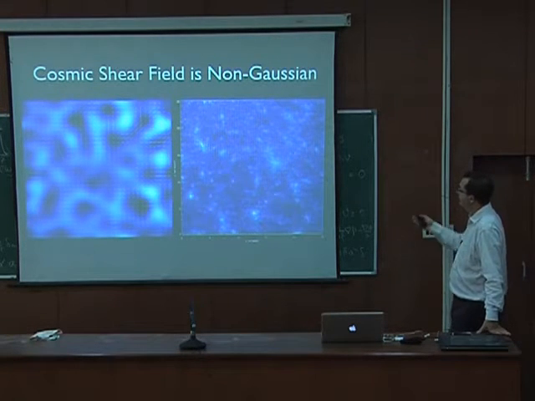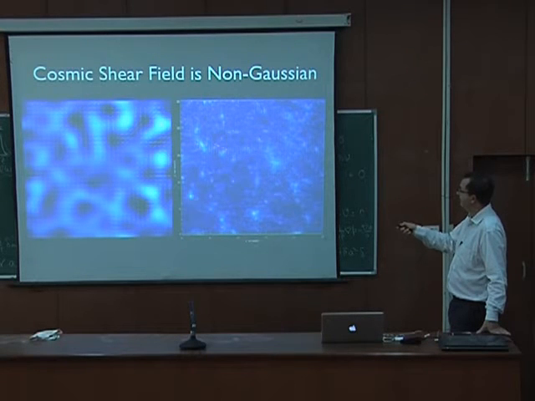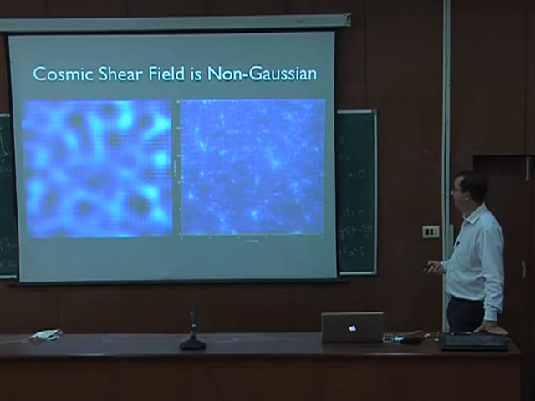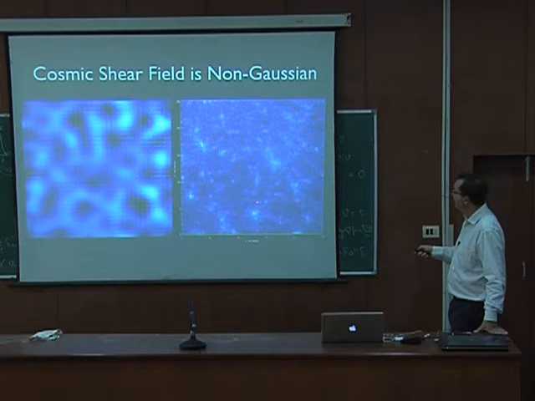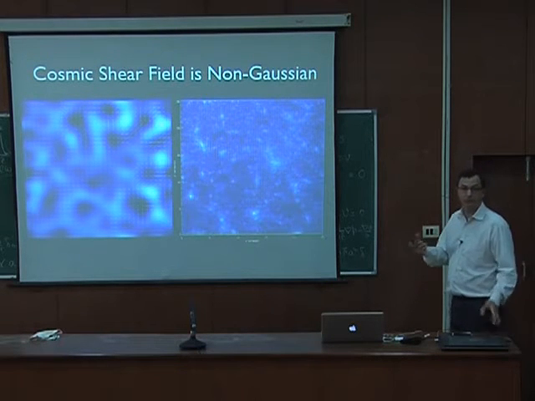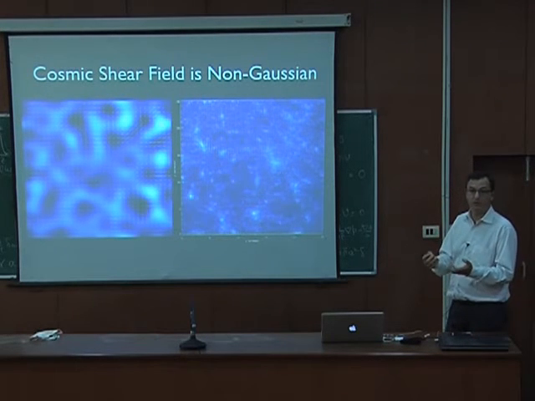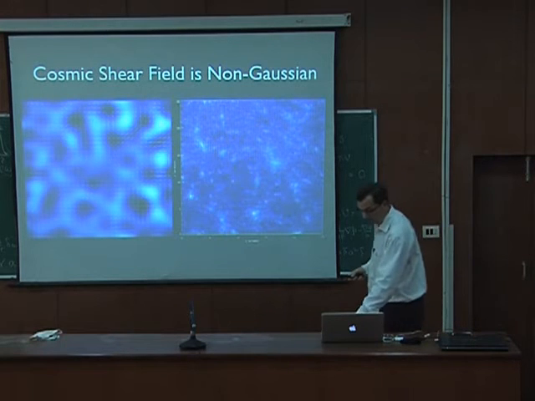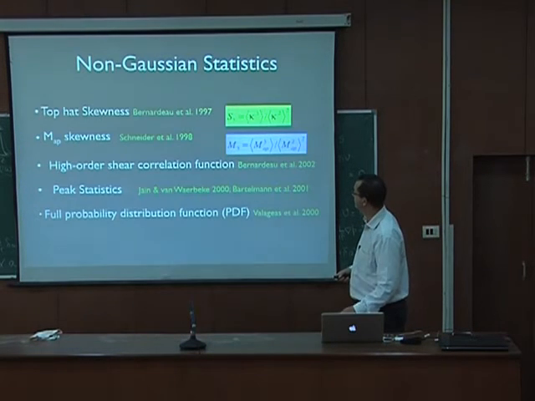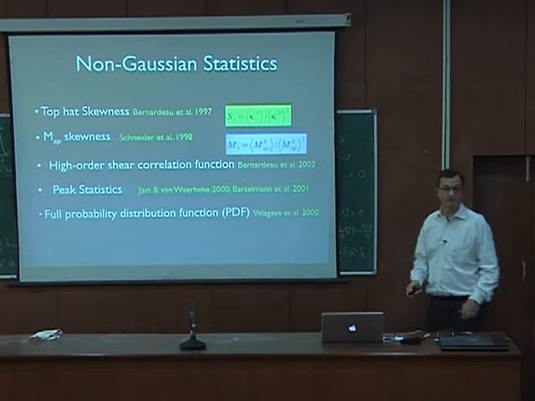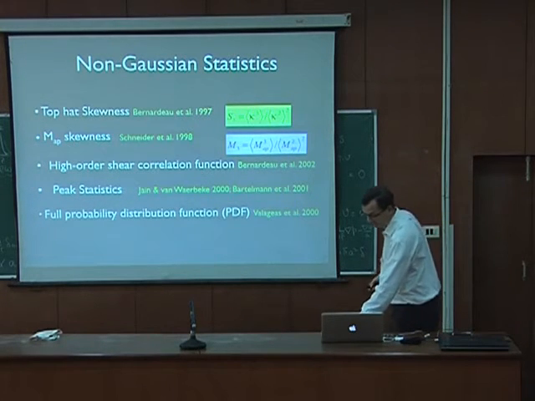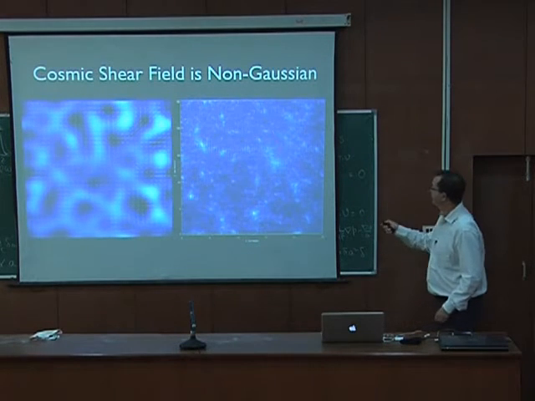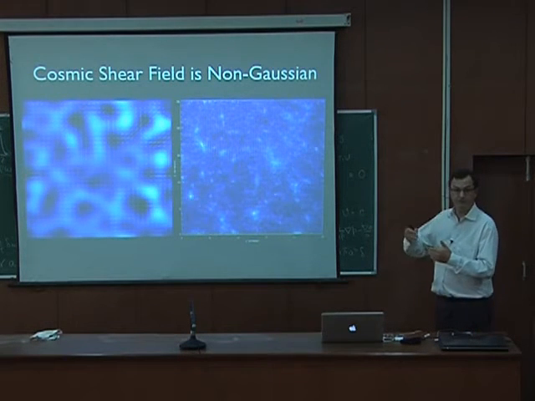So one thing you can do is detect the peaks, and you can count them, you can measure their amplitude, their shape, their correlations, and so on, and hope to capture a lot of the non-Gaussian information which is coming from the clumpiness. It turns out to be a very powerful statistic, the peak statistics. So a lot of people are pursuing this as well. And what's even more fun is that you can also do it for galaxies at different redshifts.